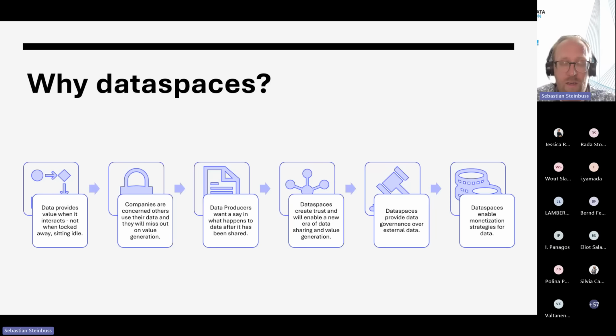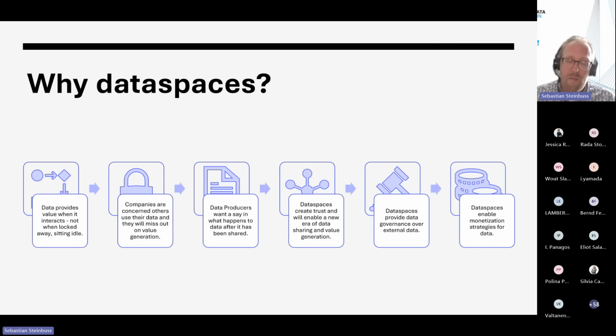We need for that clear governance mechanisms that have to be displayed, rules that apply for us as a club, as a community, as a data space, but we also need to stick to international regulations that apply. And finally, we want to somehow get into this monetization strategy. So not only how to generate value by means of efficiency, for example, but also how can I make money out of this?